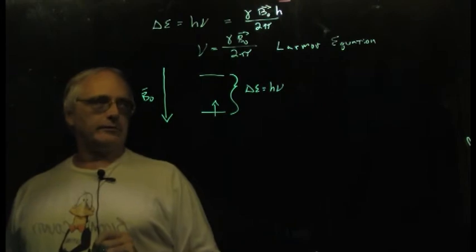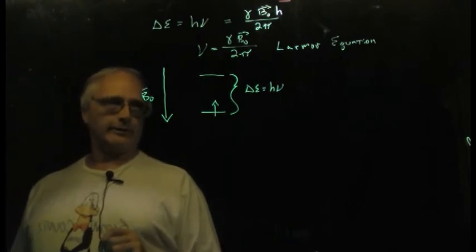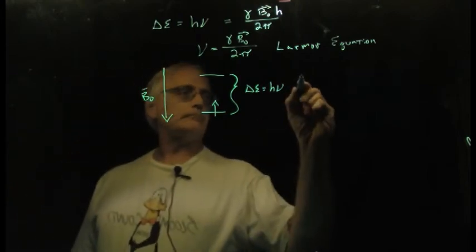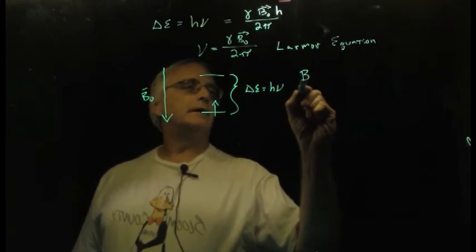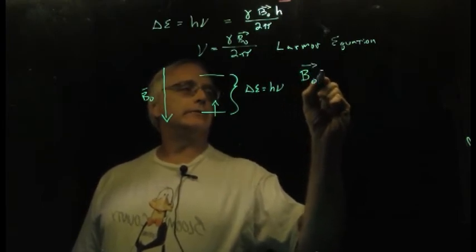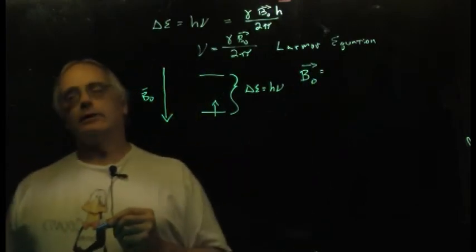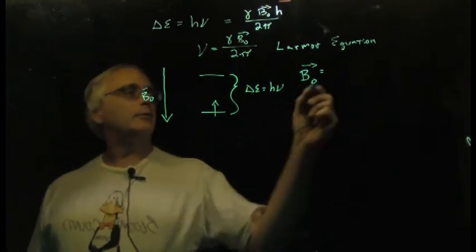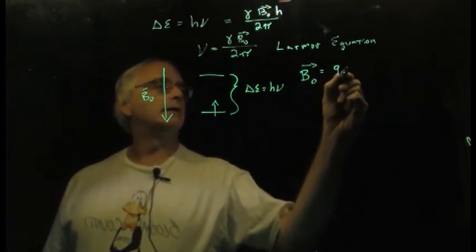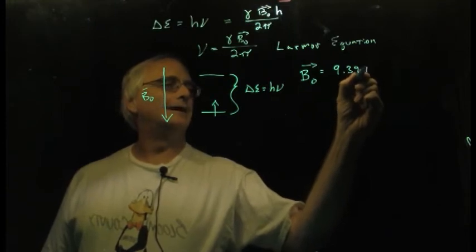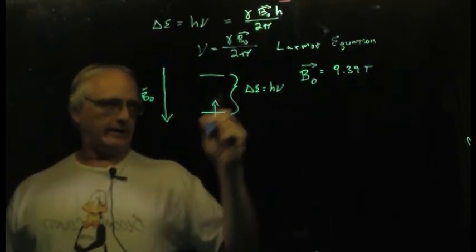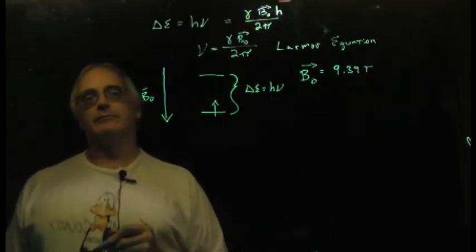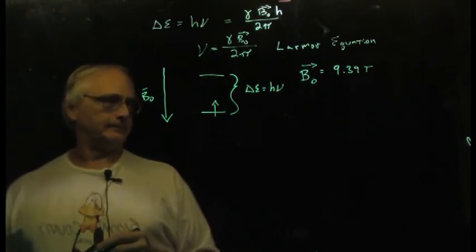So a couple of the numbers that we are working with here. One, the magnetic field. On the instrument we own here at Georgia Southern, we have what is referred to as a 9.39 Tesla magnet.